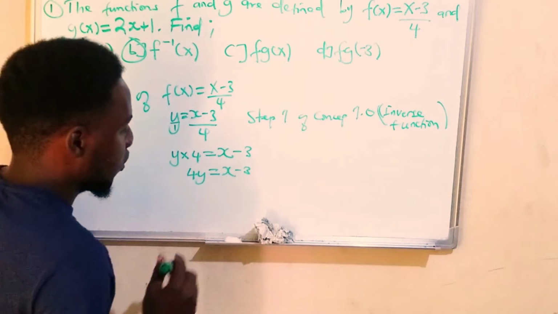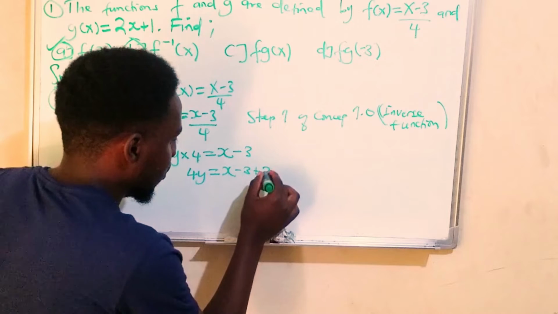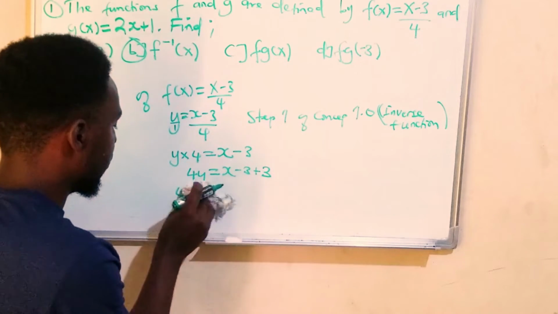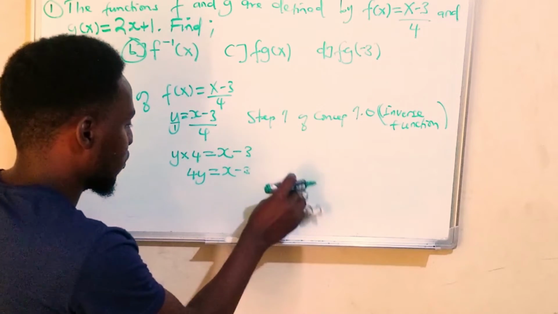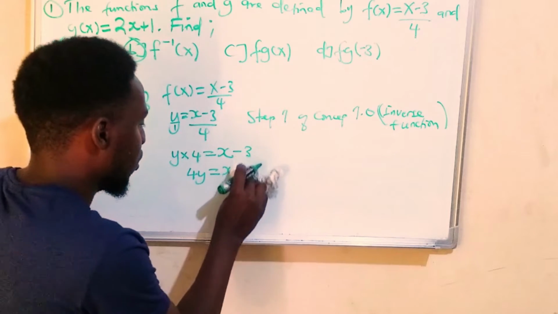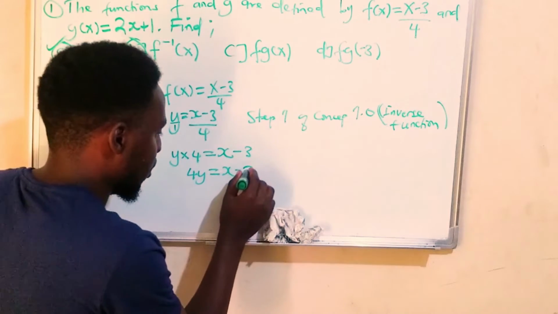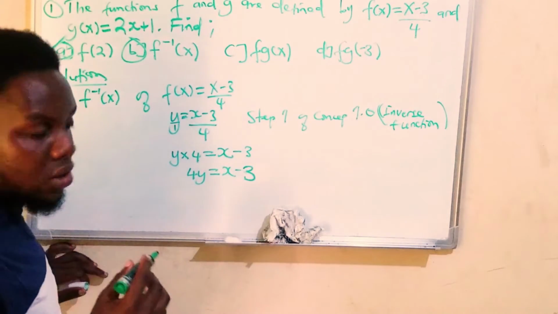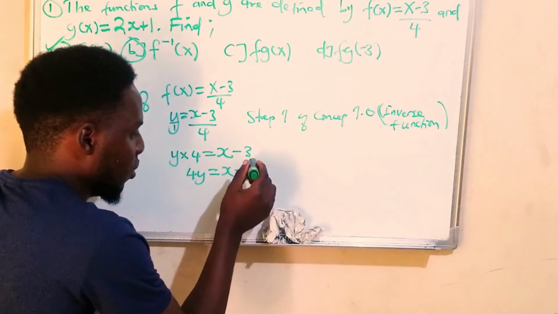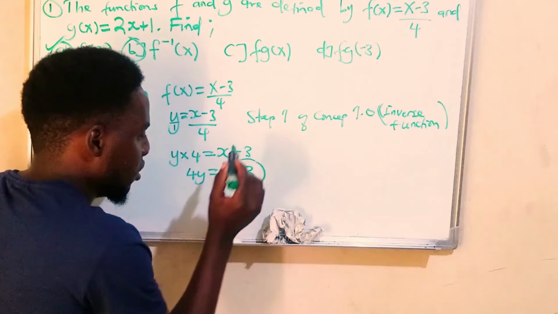What you can do is introduce positive 3 on both sides, or let's go the easiest way. When you are dealing with such numbers, you take the number together with the sign in front of it.